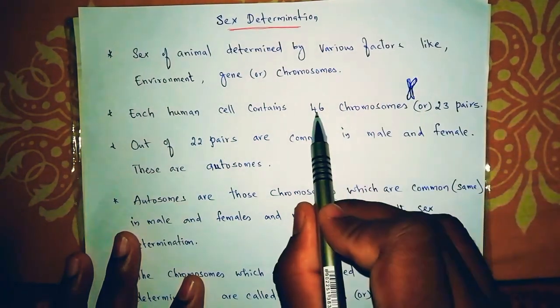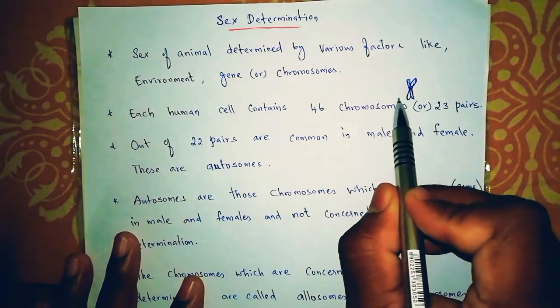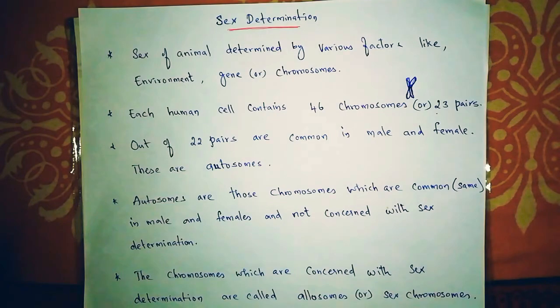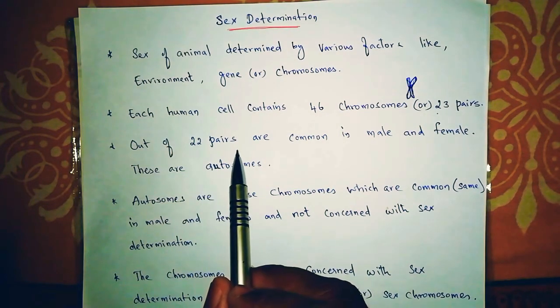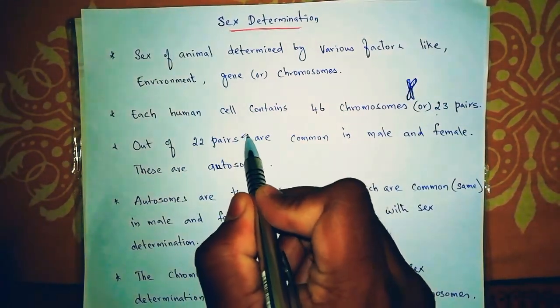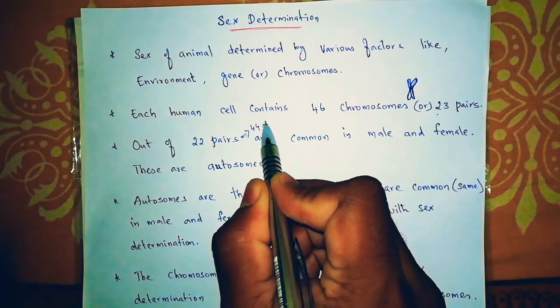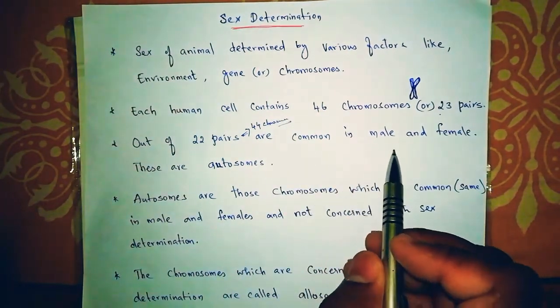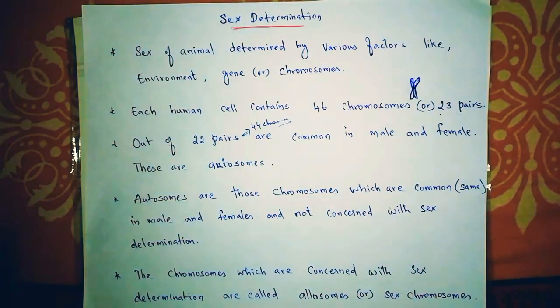Like that we have 46, 23 pairs of chromosomes, right? Out of these, 22 pairs, that means 44 chromosomes, are common in both male and female.